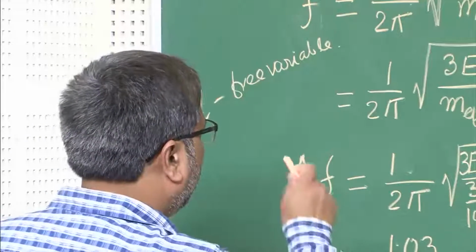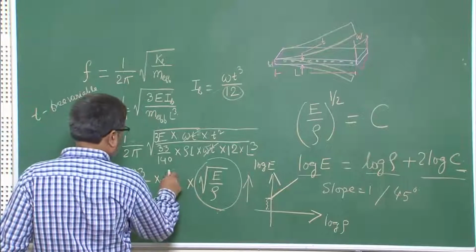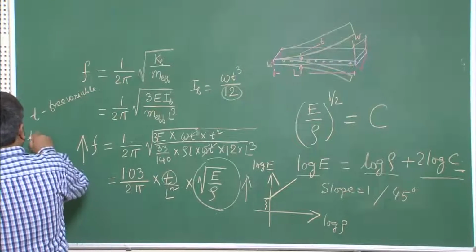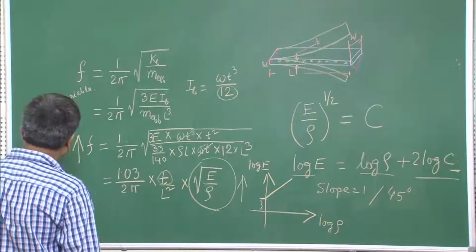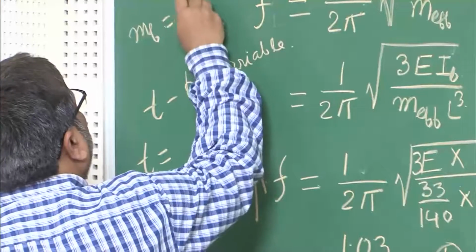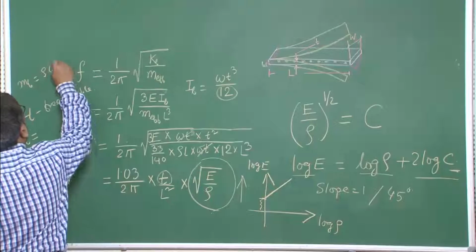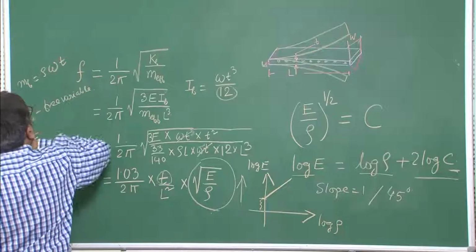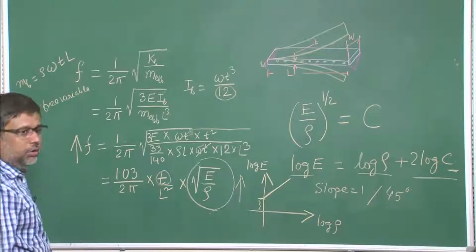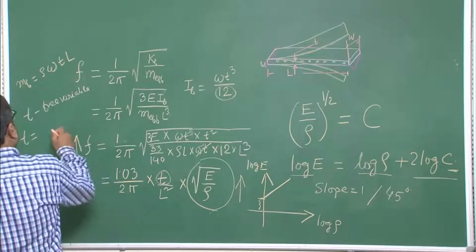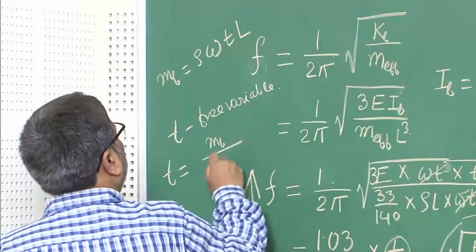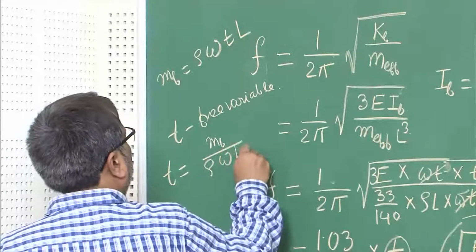Then we know that in our final expression there will be a T term, and we can replace this T if we remember that the mass of the beam was nothing but rho W T times the length of the beam.